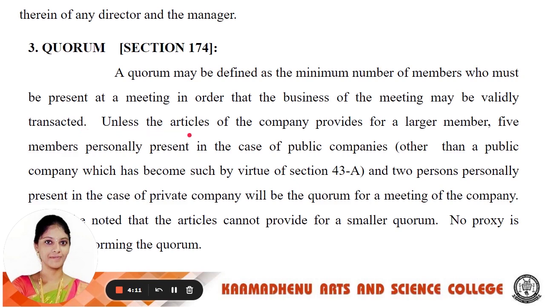Unless the articles of the company provide for a larger number, 5 members personally present in the case of a public company, and 2 persons personally present in the case of a private company, will be the quorum for the meeting of the company. Note that the articles cannot provide for a smaller quorum. No proxies are counted in forming the quorum.